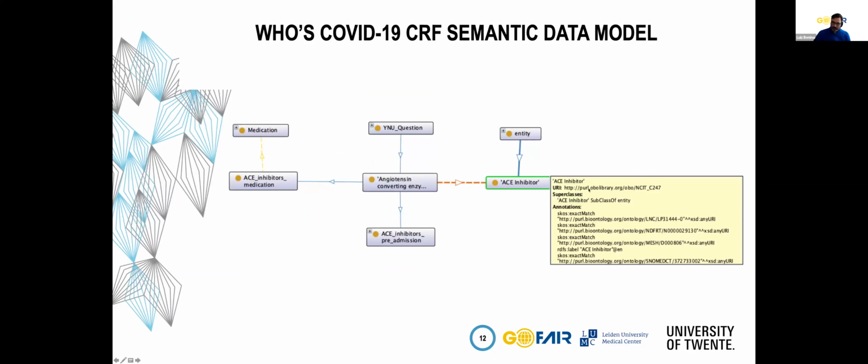In the yellow box on the right, you can see some of the properties of this concept in the model. Here, basically, we are reusing the identifier of a concept defined in the NCIT thesaurus, and we are defining mappings of exact match, to say that this concept in NCIT is an exact match to that concept in LOINC, the other one in MeSH, the other one in SNOMED-CT, and so on.